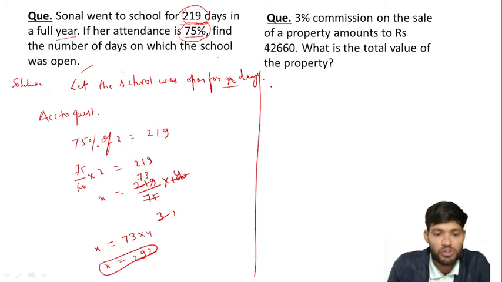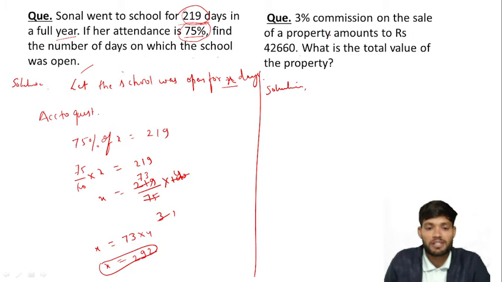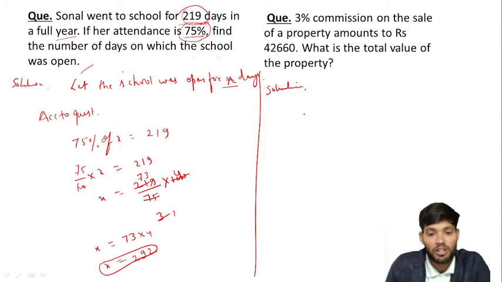Now we will solve this question. Solution. 3% commission on the sale of a property amounts to rupees 42,660. What is the total value of the property? So let the total value of property be X. You have to write: let the total value of property be X, as per the question.